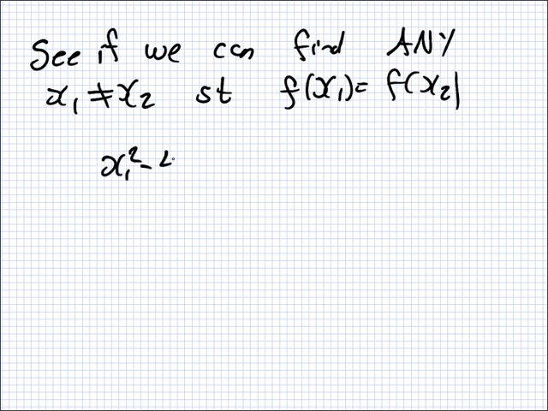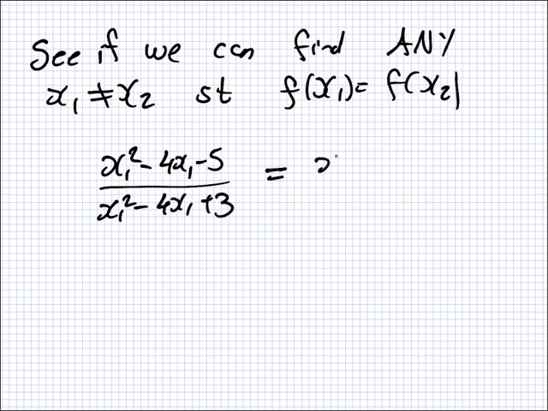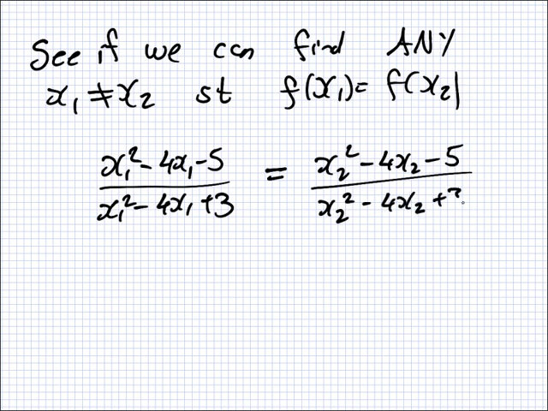x1 squared minus 4x1 minus 5 over... oh my goodness, maybe this is too hard. x1 squared minus 4x1 plus 3. Could that equal x2 squared minus 4x2 minus 5 over x2 squared minus 4x2 plus 3? The first thing I'll do is factorize.